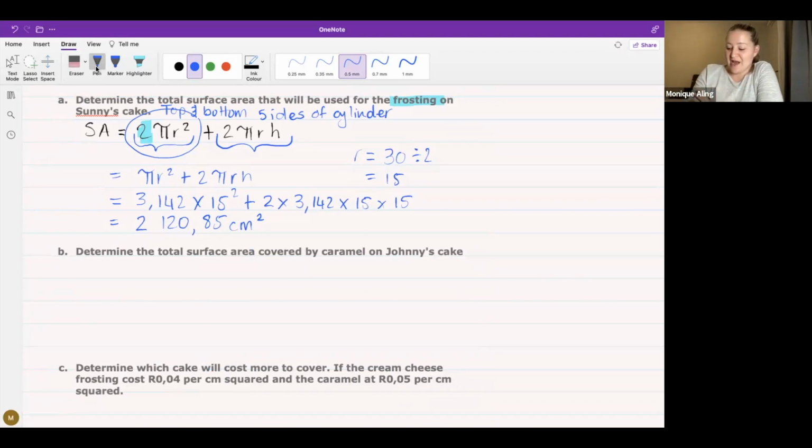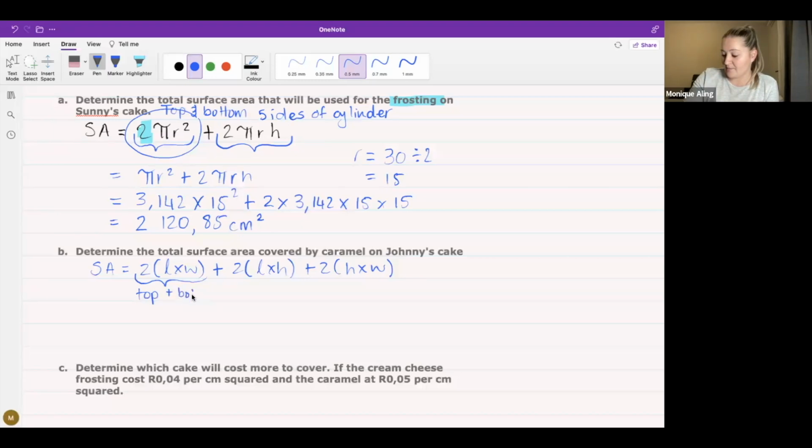So remember our surface area formula is 2 times length times width plus 2 times length times height plus 2 times height times width. Okay, so this part of my formula works out the top and bottom of my rectangular prism.